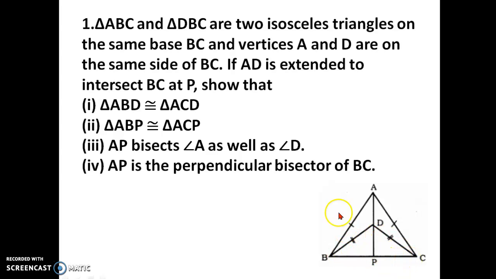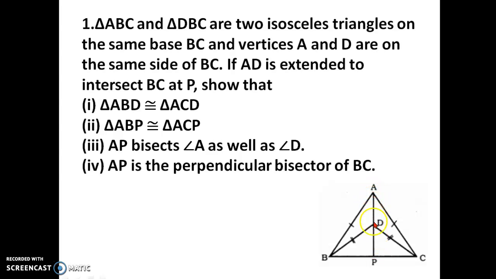And one more point they have given: vertices A and D are on the same side of BC. So BC is here, and both are on the same side. And AD is extended to intersect BC.